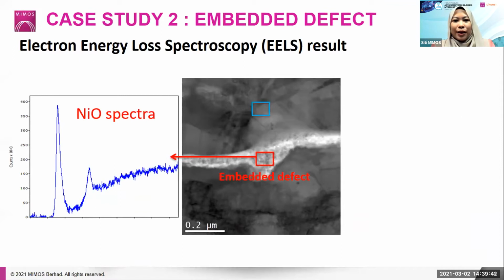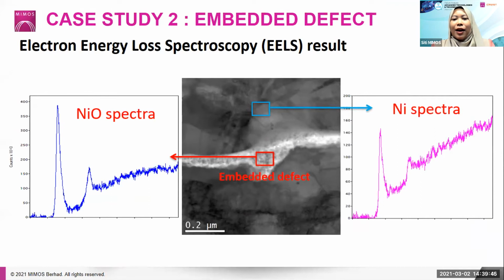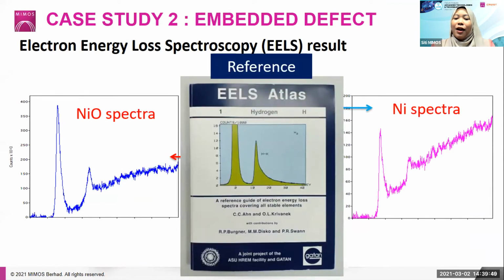On the top layer here, there is a nickel layer, and it is also proven from this nickel spectrum. And of course, for the EELS analysis, we always have to have a reference. In this case, we are using the EELS atlas to confirm the oxidation state of this nickel. From this analysis, we can conclude that the oxidized nickel at the interface of the two layers has caused a failure to this device.